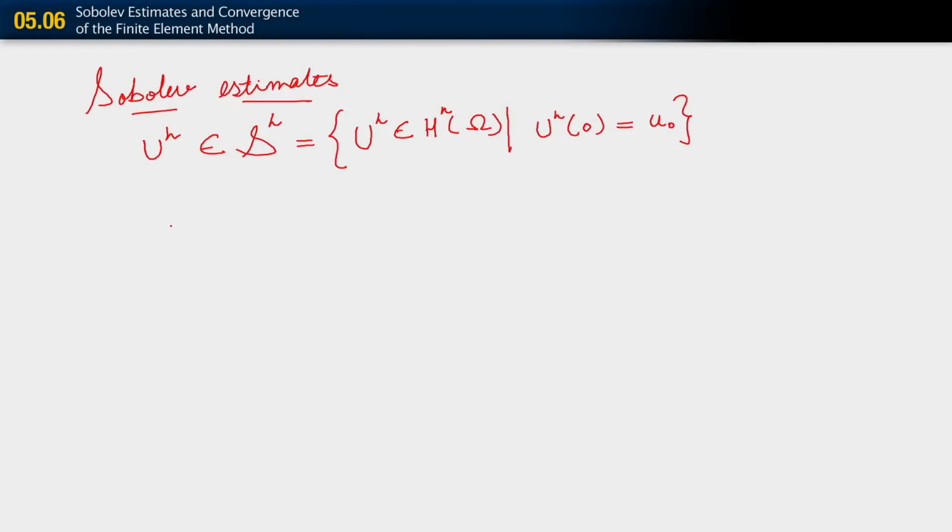So let me state that UH does not necessarily represent little UH, right, which is the finite element solution.